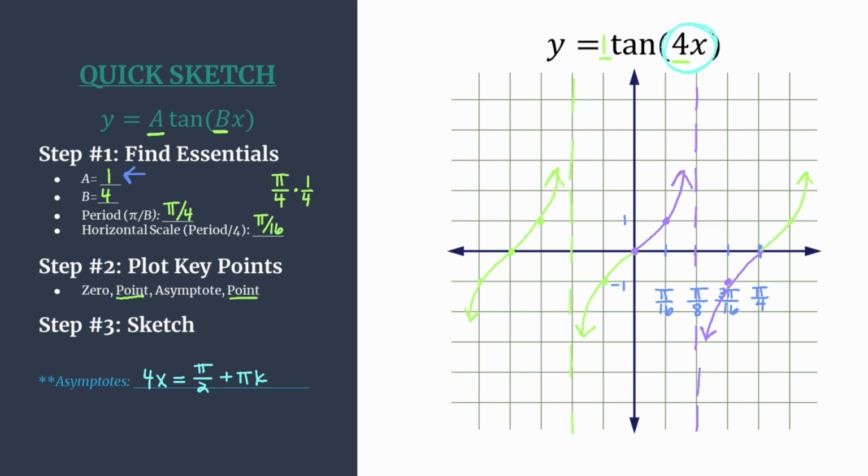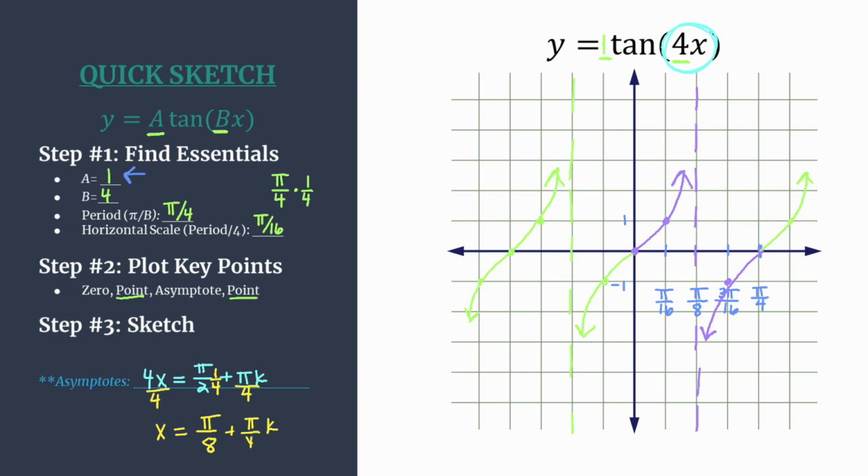And we're going to solve for x. Basically, we're applying these horizontal transformations to those original asymptotes in order to get the asymptotes for our graph. Very easy: divide everything by 4 or multiply by 1/4, whichever you like. And the asymptote equation for our graph is x equals pi over 8 plus pi over 4 k, where k is our integer.